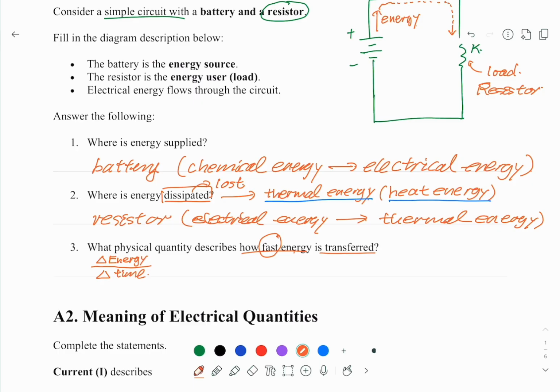So it's energy per unit time. Now we know the unit for energy is joule and time is second. So this physical quantity, we call power. Power is the physical quantity that describes how fast energy is transferred. And we give it a common unit name, watt, with the symbol W.